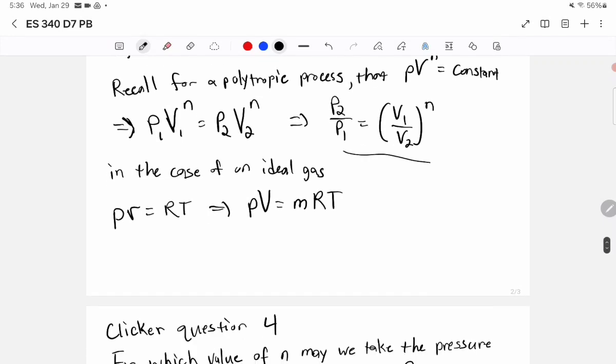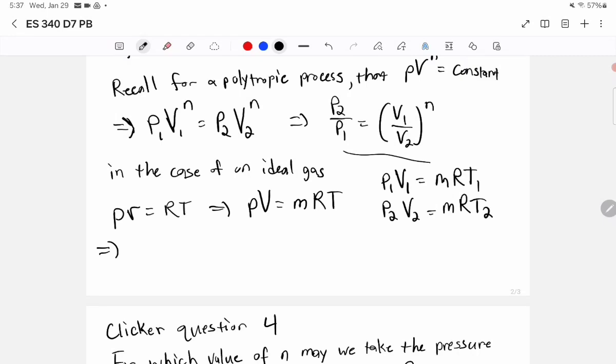So I can actually take this and do some rearranging here. That means that P1 V1 is equal to mRT1, and P2 V2 is equal to mRT2.